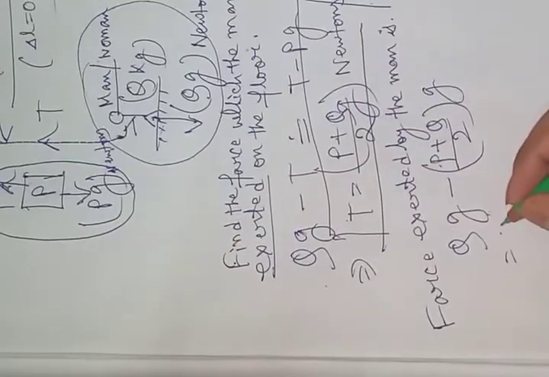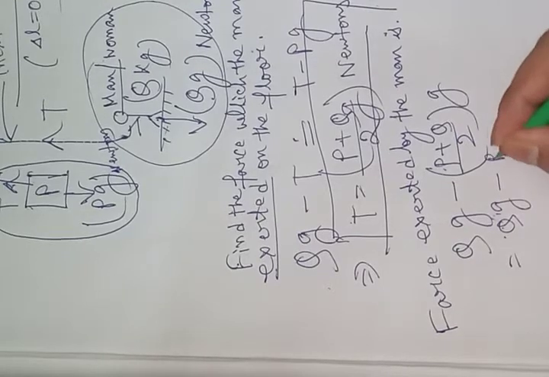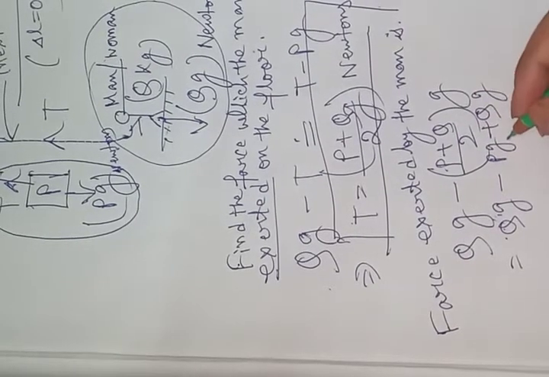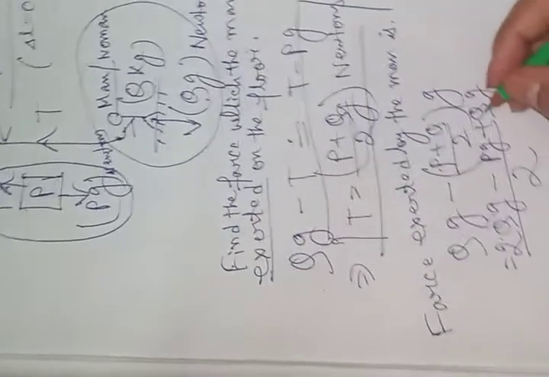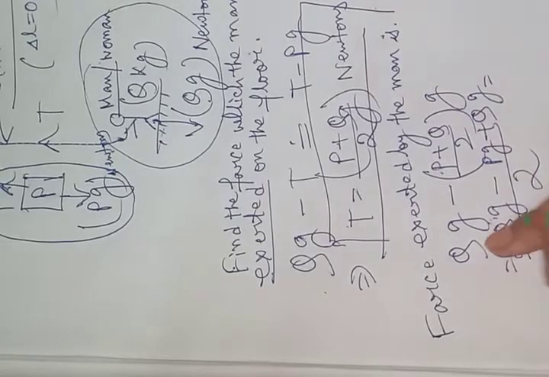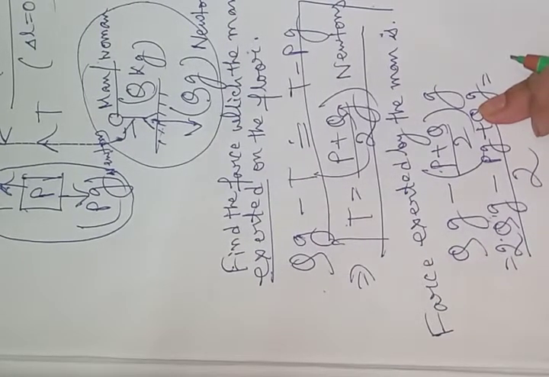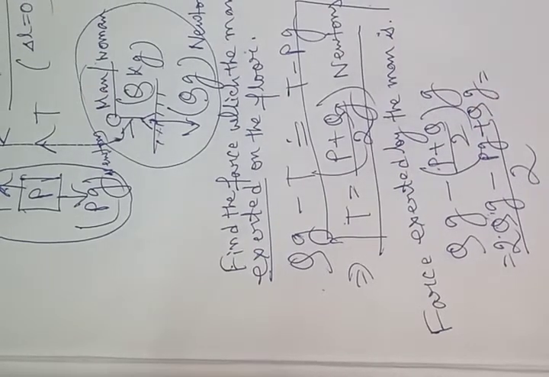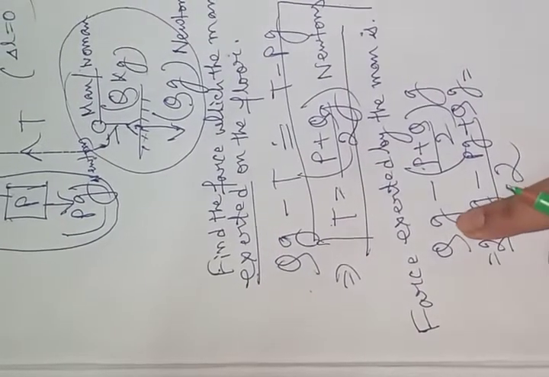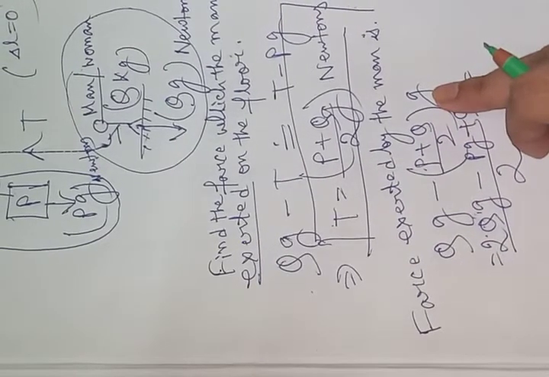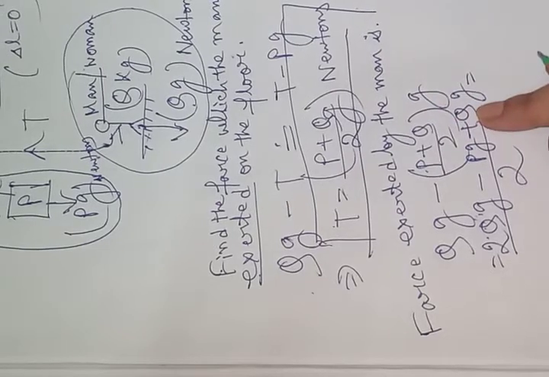So let us simplify this. You get QG minus (P plus Q) by 2 into G, so this is (2QG minus PG minus QG) divided by 2.